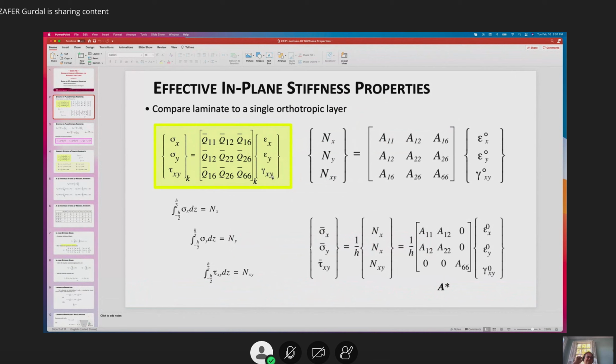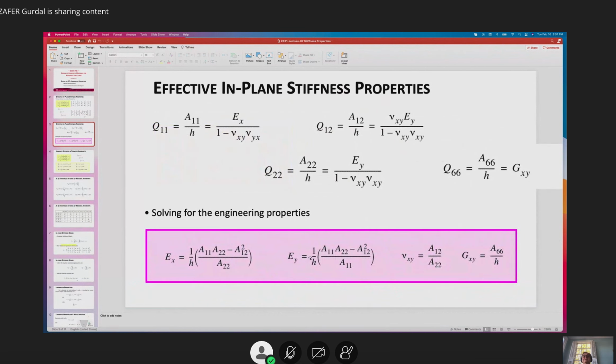In every layer, it's the same, based on the assumptions that we made for classical lamination theory. From that, using a stress-strain analogy, we came up with the Ex, Ey, Gxy equations in terms of the A matrix.